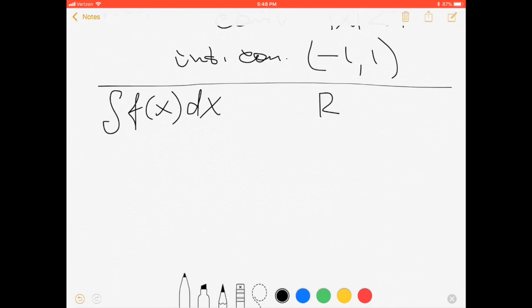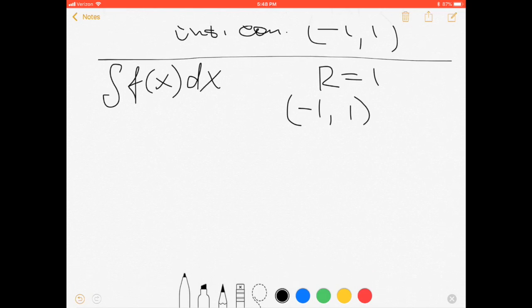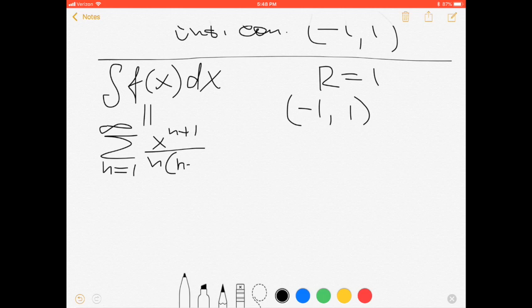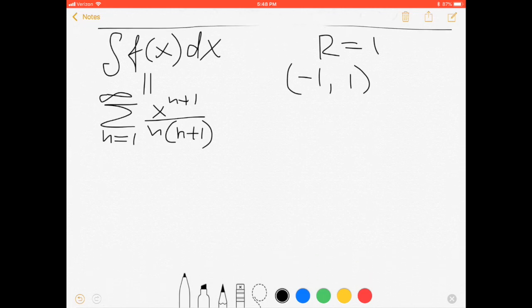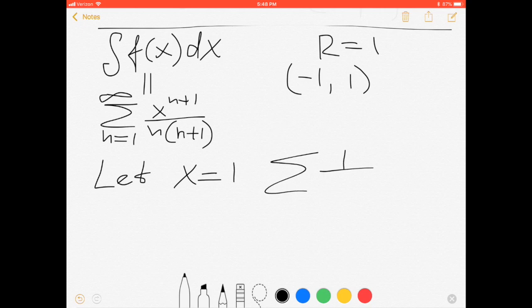Okay, looking at what happens with our antiderivative function. As you remember from our theorem, R equals 1, we have the interval -1 to 1, and we need to check the endpoints. Here we have the series, n from 1 to infinity, of x to the power n plus 1 over n times n plus 1. Let x equal 1. We have the series 1 over n times n plus 1, from 1 to infinity.